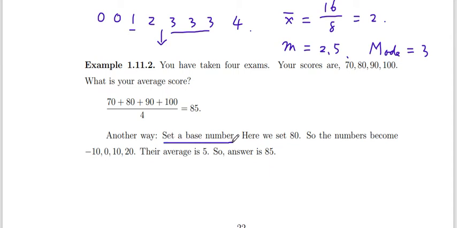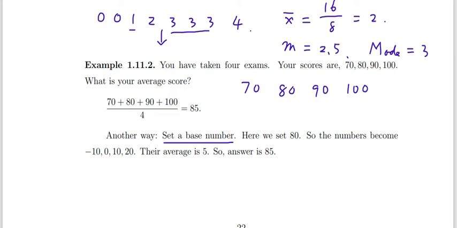So like we can set this base number as 80, or 90, right? This doesn't matter. We just estimate one number, maybe the average is about 80. So we just set this as 80.